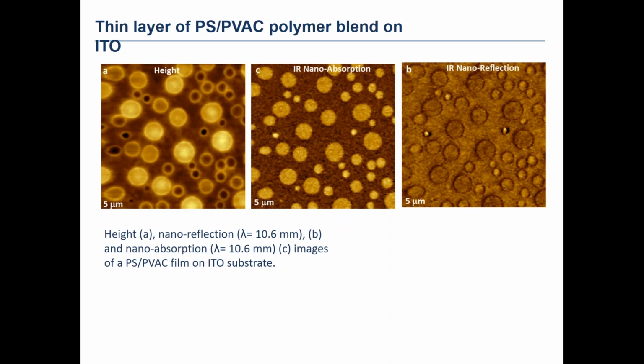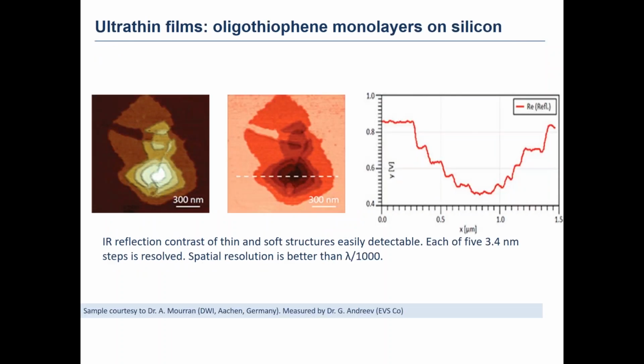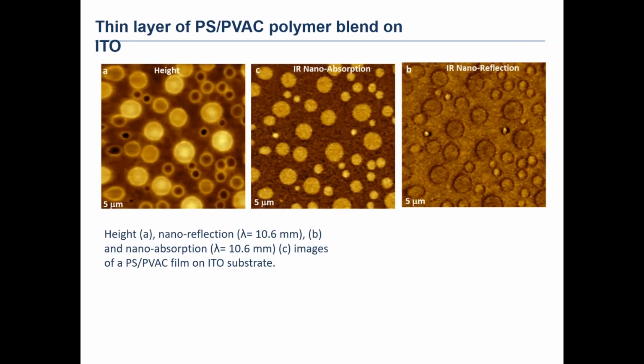It is interesting that the scale of these scan images is 5 microns, which is 2 times smaller than the wavelength of the laser used. But the spatial resolution is of course much smaller than the wavelength, so we are far beyond the diffraction limit.